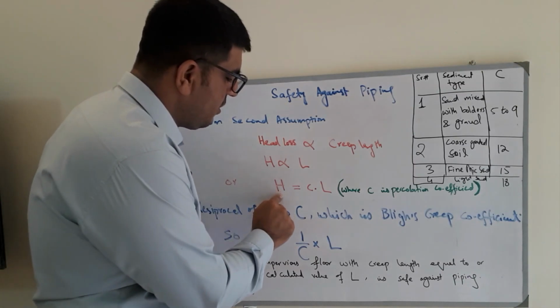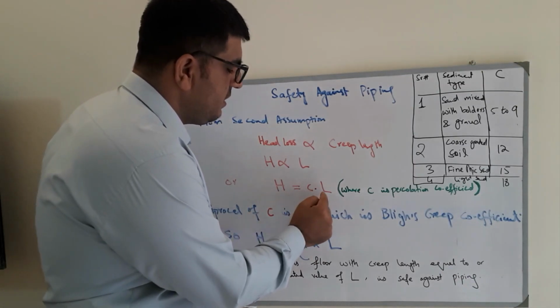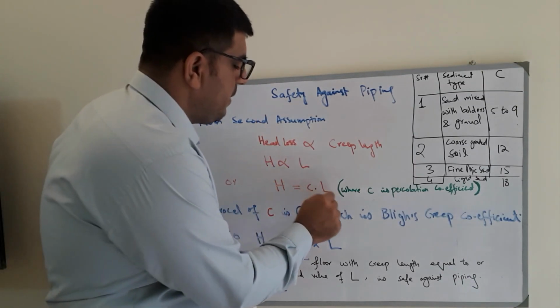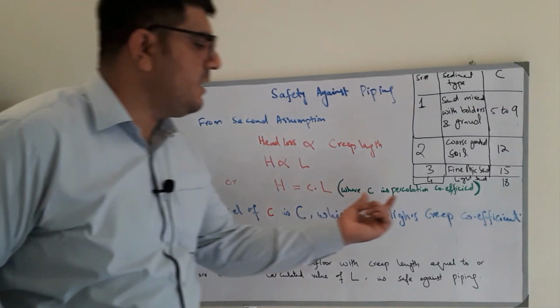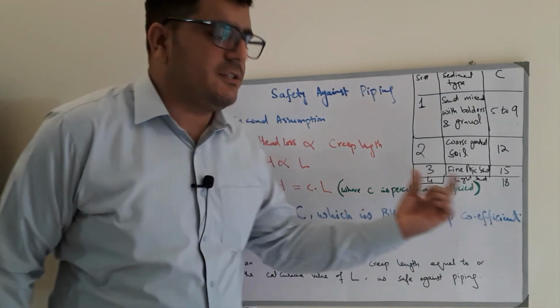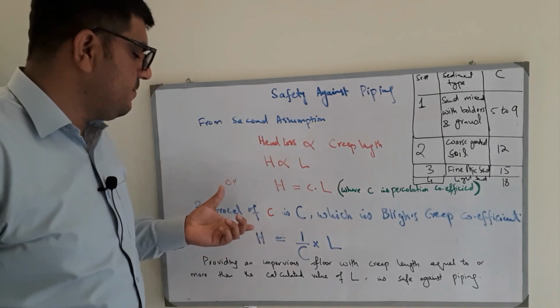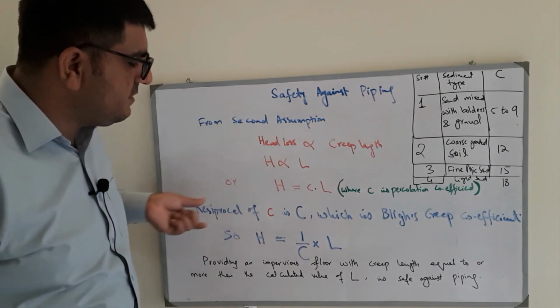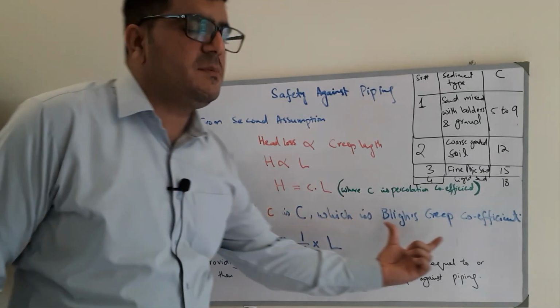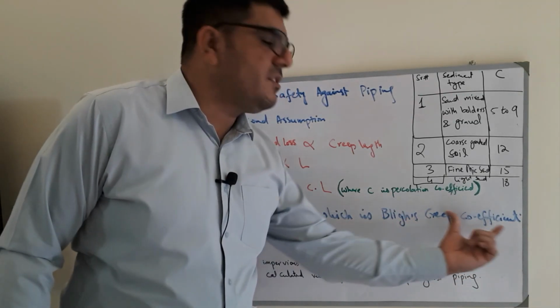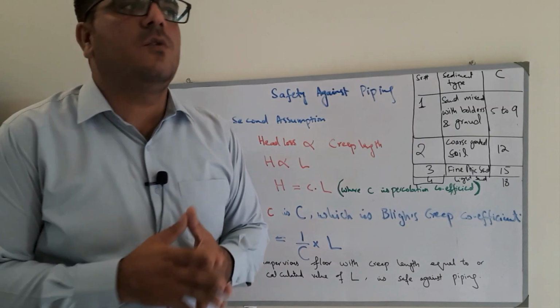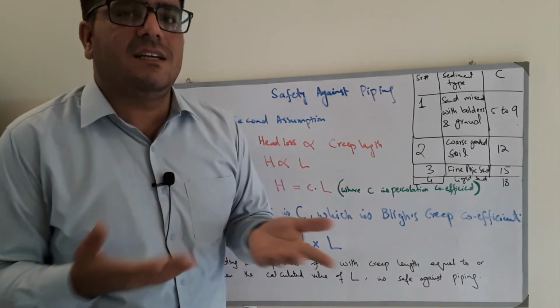So head loss H is equal to c, this is the smaller c, multiplied by L, where c is the percolation coefficient. The reciprocal of this smaller c is the larger C, which is basically Bligh's creep coefficient. Now there will be a question of what exactly this C is.